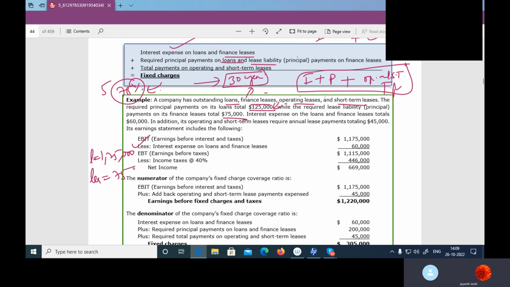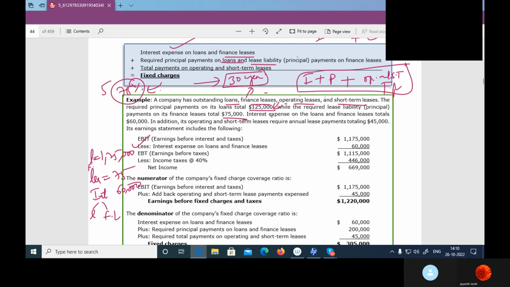Interest expense on loans and finance lease completely is 60,000. They did not give the division, but they gave the lump sum amount of interest expense. Understood?